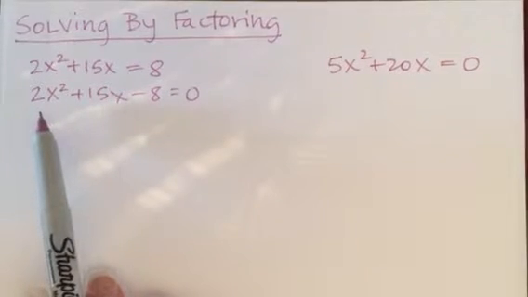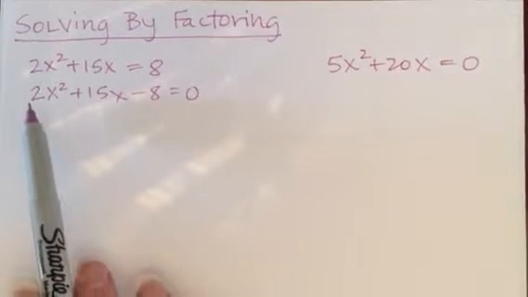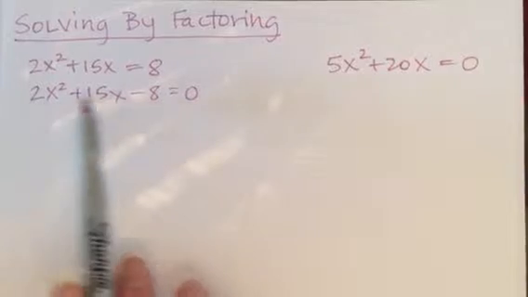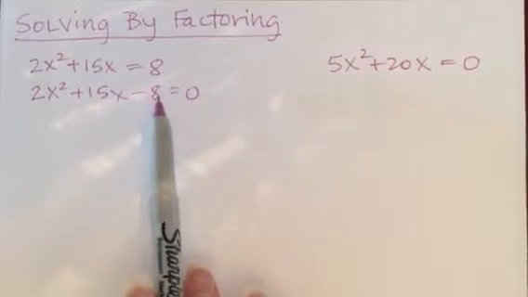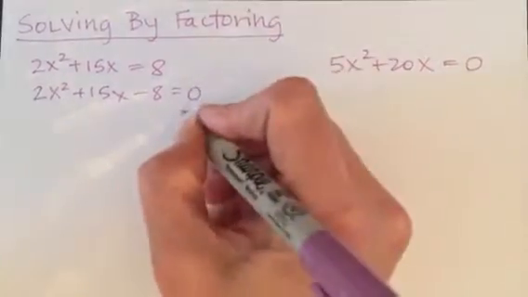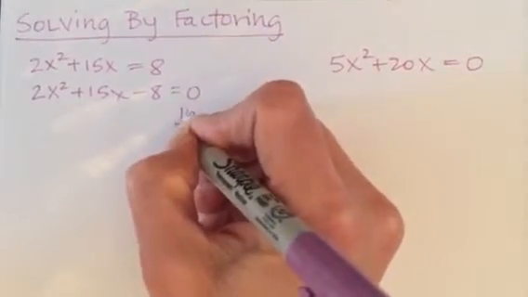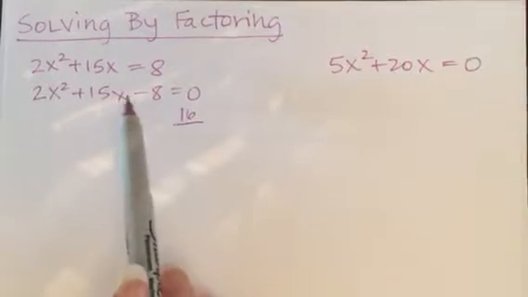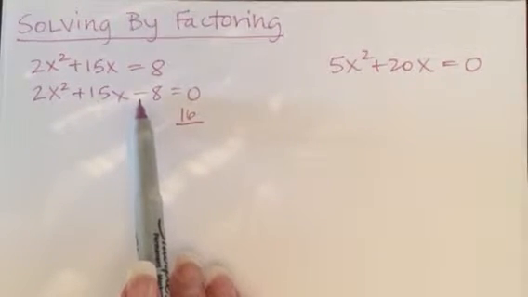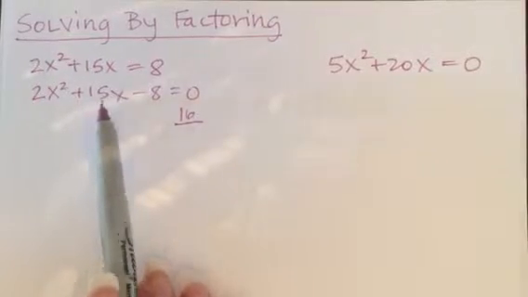If you recall in class, we talked about the technique where we multiply the leading coefficient by the constant term, disregarding the signs, and we get a value of 16. From that value, we look at factors of 16 that subtract, because the 8 is negative, to make 15.